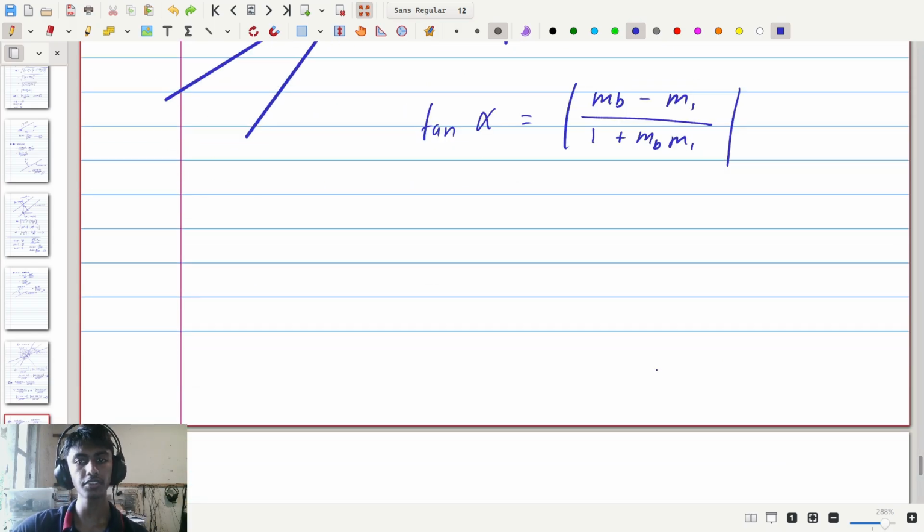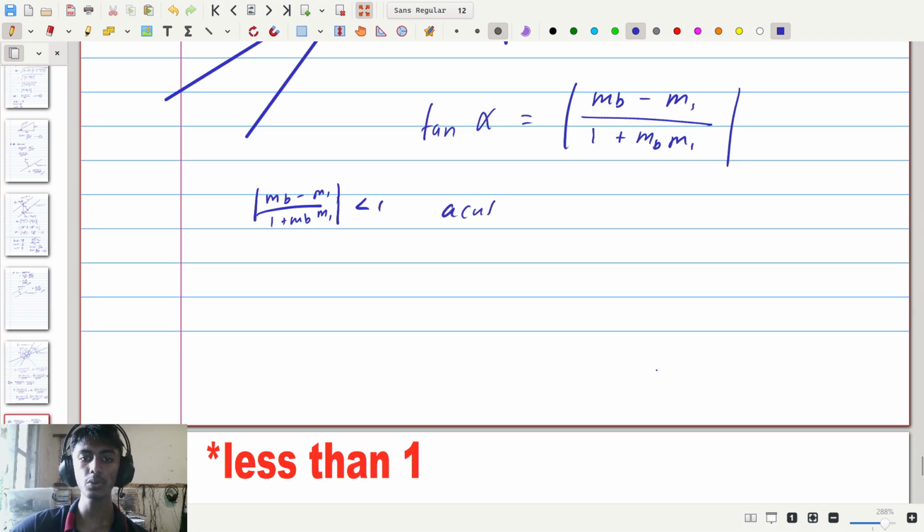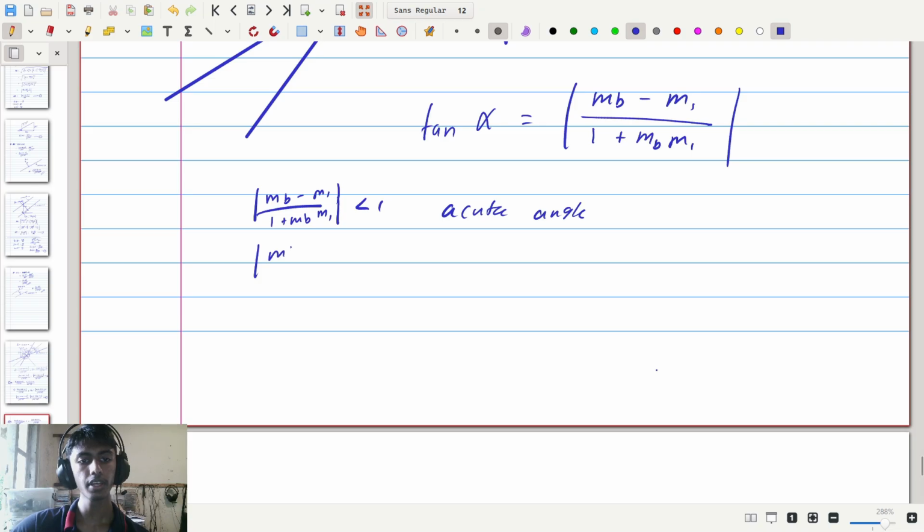contexts. I'll just write this as a summary. If we have the absolute value of mb minus m1 divided by 1 plus mb m1, and this thing is less than 1, we have an acute angle bisector, so I'll write acute angle. If we have the absolute value of mb minus m1 divided by 1 plus mb m1 greater than 1, it's going to be an obtuse angle, so I'll write obtuse angle.